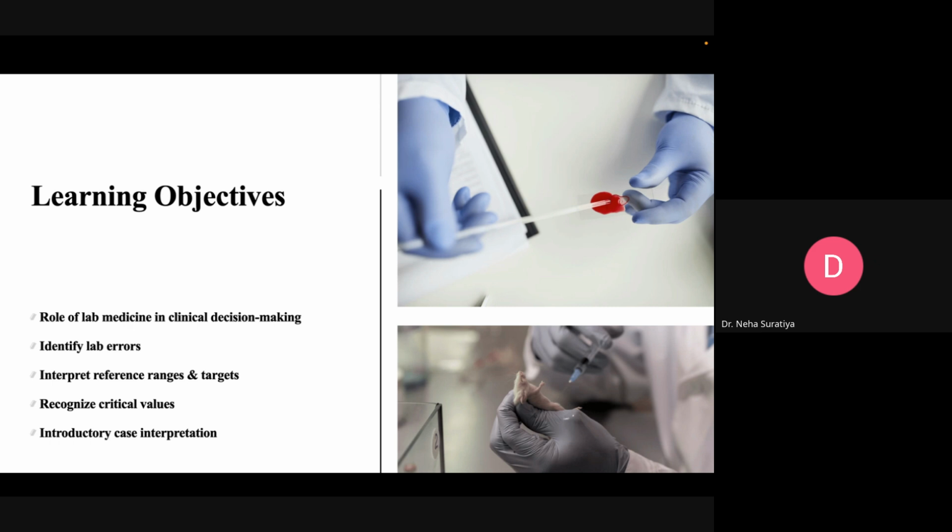You will also have some general cases, an introductory case for interpretation, to understand laboratory medicine. This is the map for the session today. I hope it is clear what is coming in this session and why we are learning this.